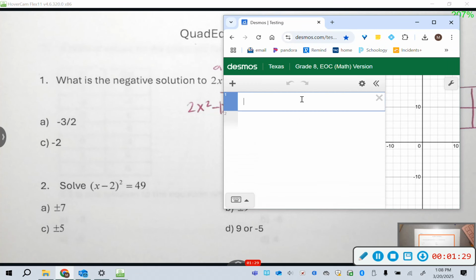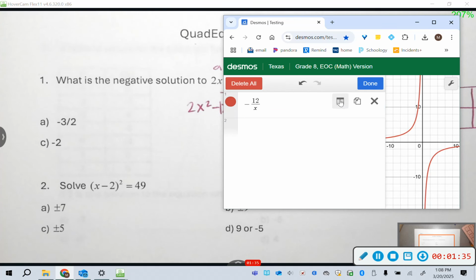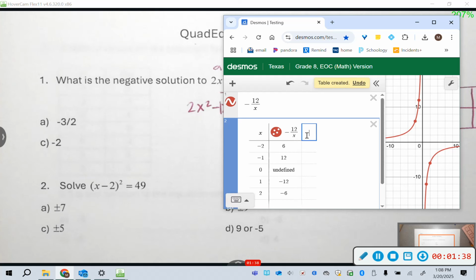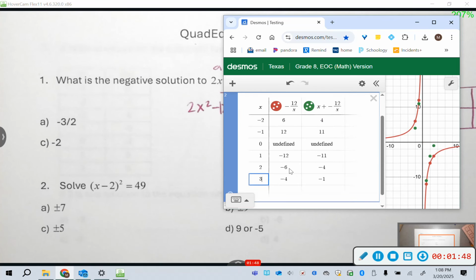I'm going to type my A times C, which is -12, divide X, and I'm going to hit the settings table. And then remember that third column, we want this column plus this column to equal -1. So we want X plus -12 divide X, and we're looking for -1. So I'm going to type 3, and there it is.